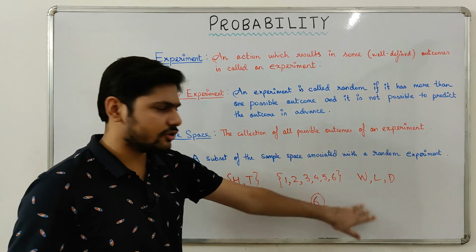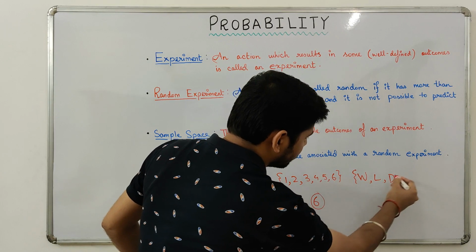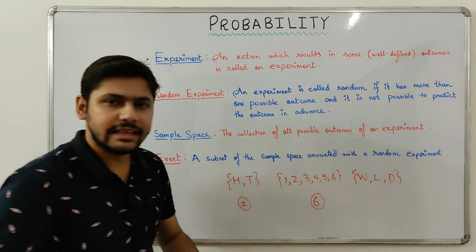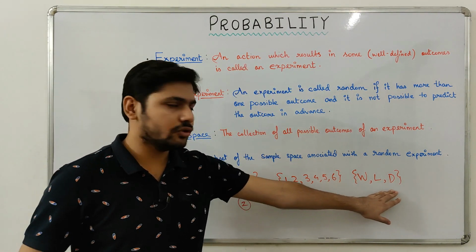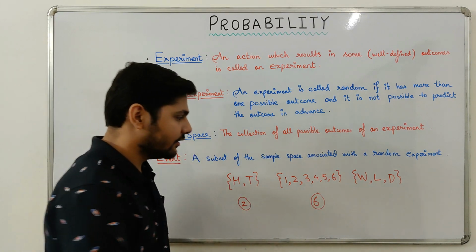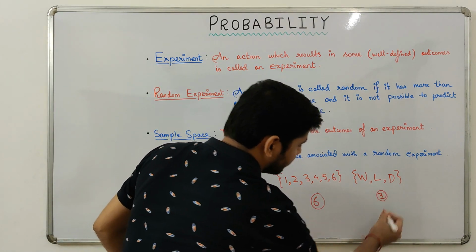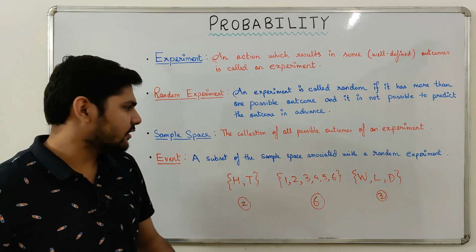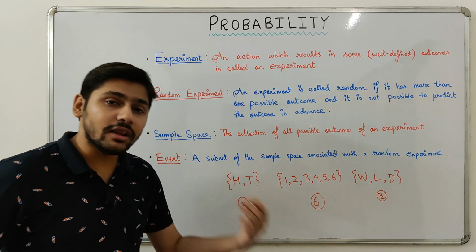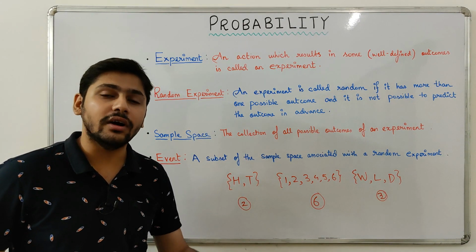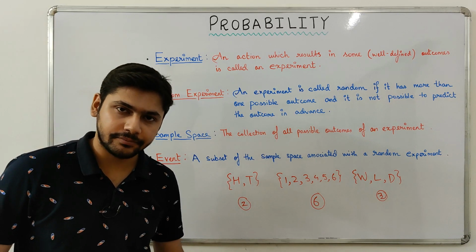Similarly, for a game of chess also, the sample space is win, lose, draw, and the number of outcomes are 3. Very simple to understand. So the collection of all the possible outcomes of an experiment is called the sample space.